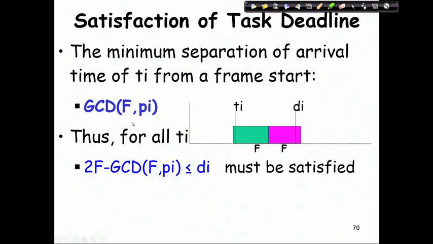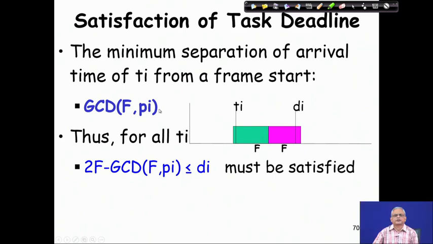We will come up with this simple expression that GCD(f, pi). We will not go into the details of the derivation of this expression. GCD(f, pi) gives the size of the frame.